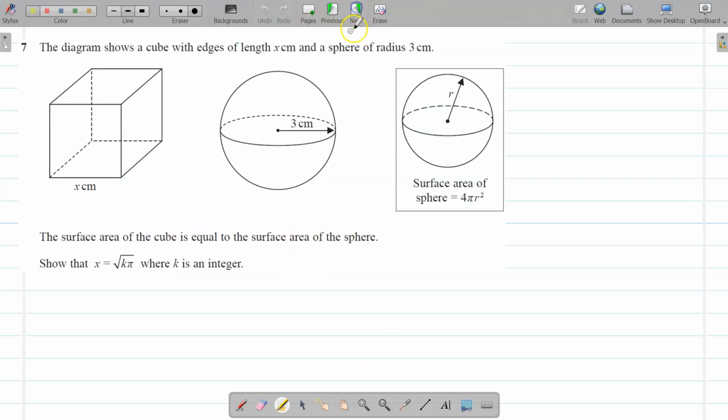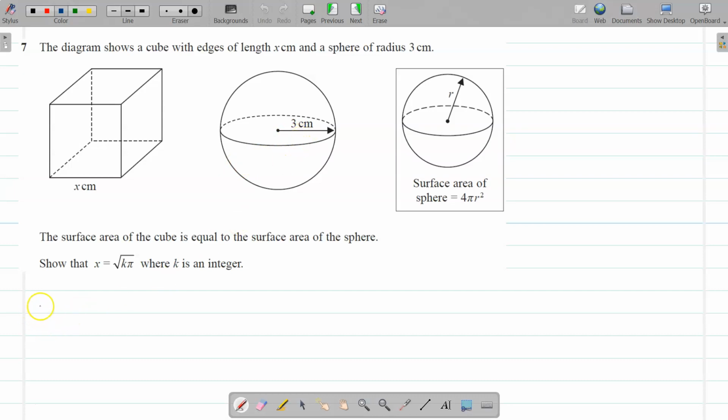Next question. We have here a cube and a sphere. All right, and we're told that the surface area of the cube is equal to the surface area of the sphere. So we've got to make an equation. Well, the surface area of the sphere is going to be 4 pi r squared.